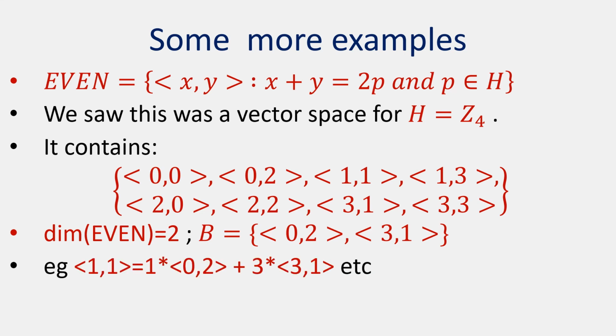So for example, if we look at this element, the vector 1, 1, that can be formed as a result of taking the vector 0, 2, multiplying it by the scalar 1, and adding to the outcome the result of multiplying the vector 3, 1 by this constant 3.